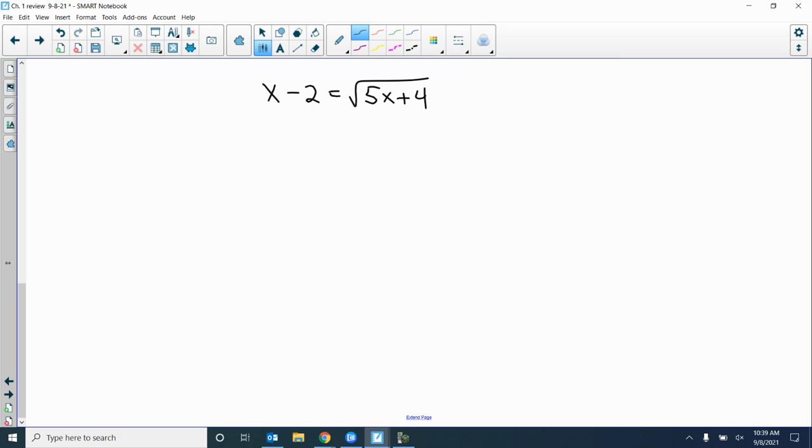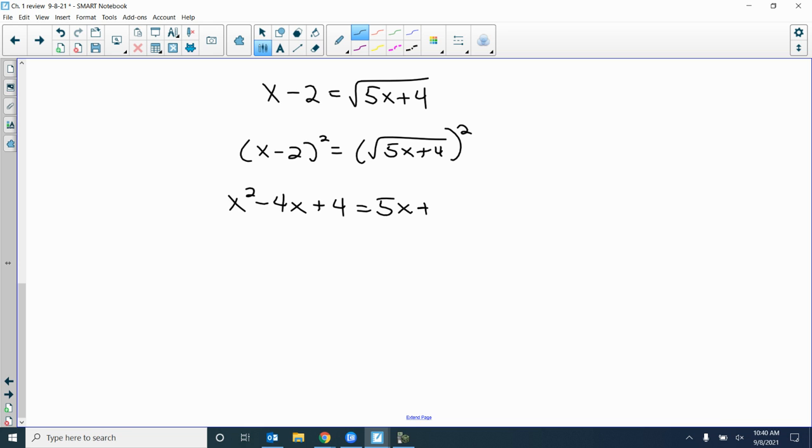Now square both sides. And you do have to FOIL over here. At that point, you have to think, all right, what do I do from here?